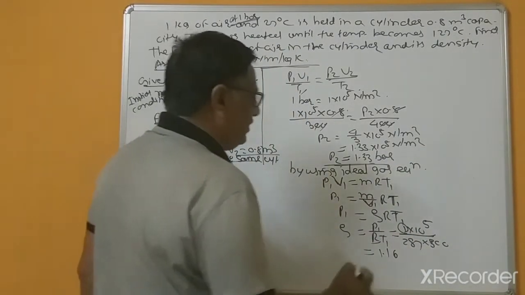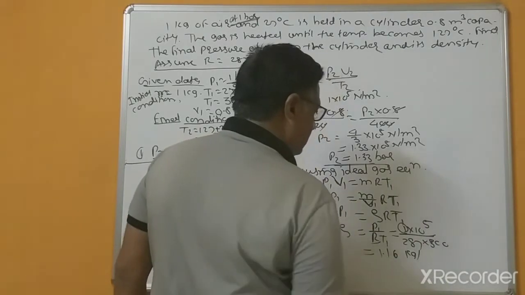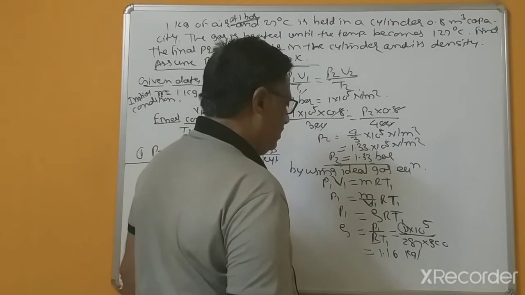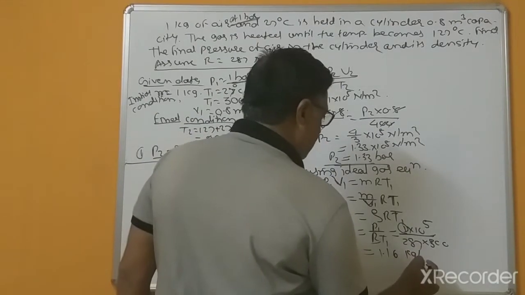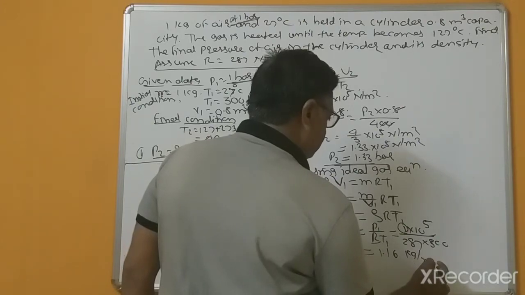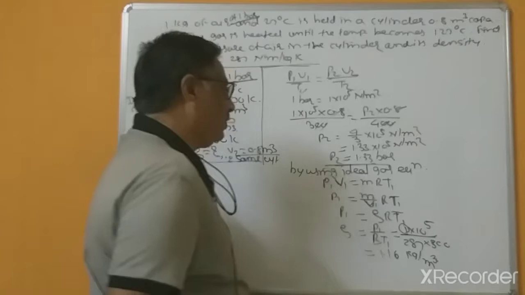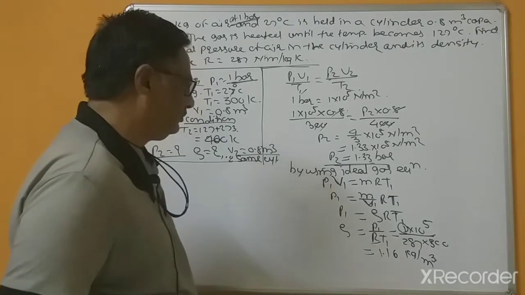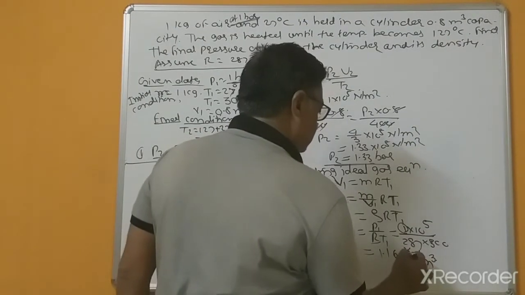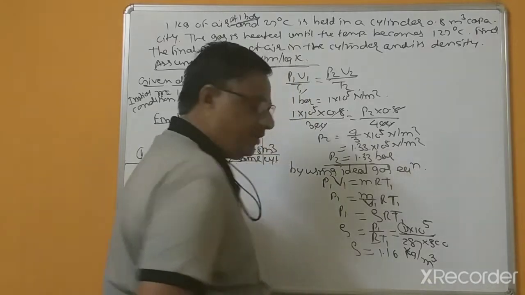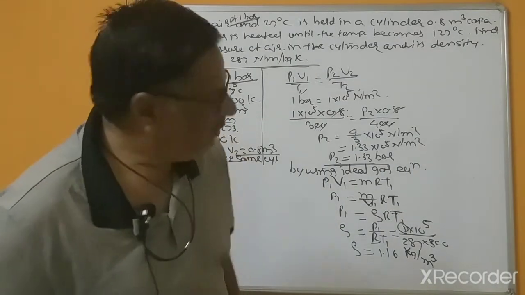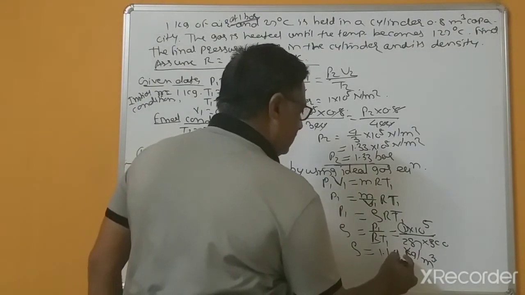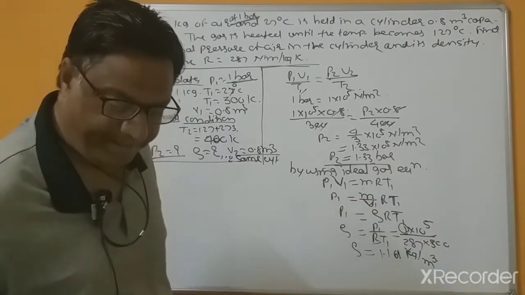Unit of mass is kg and this is meter cube, so kg per meter cube. Density equal to 1.16 kg per meter cube. So this is your solution.